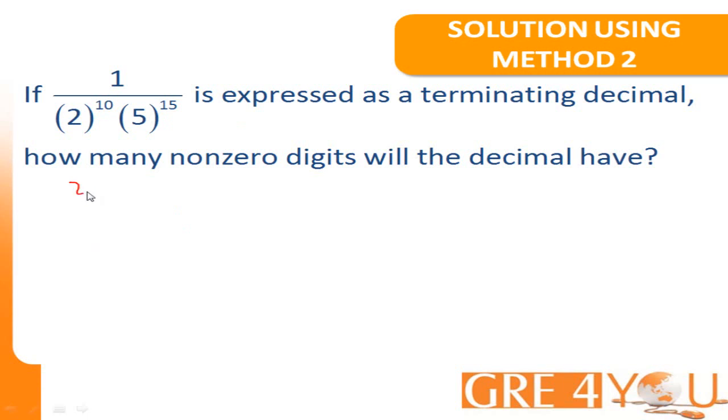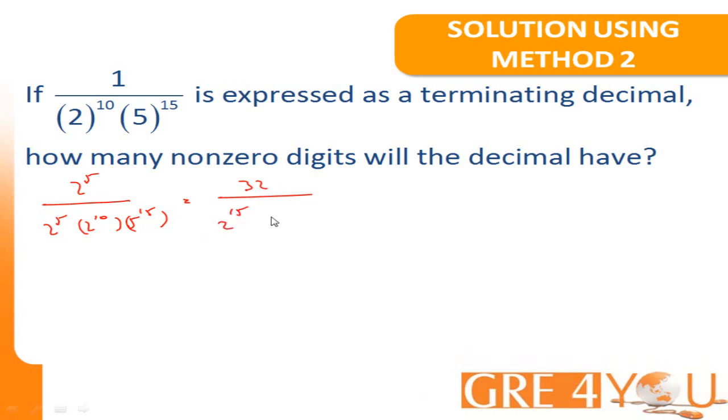Now all I'm going to do is multiply by 2 to the 5 and divide by 2 to the 5, and I have a 2 to the 10 remaining and a 5 to the 15 remaining. Now 2 to the power 5 is equal to 32, divided by 2 to the power 5 times 2 to the power 10, which is 2 to the power 15, times 5 to the 15. Just to remind you, exponent rule number 1 states that a to the power x times b to the power x is equal to ab the whole power x.